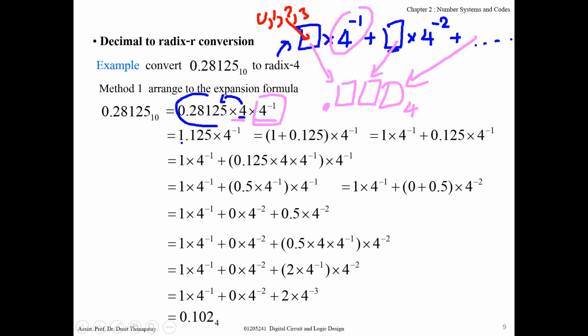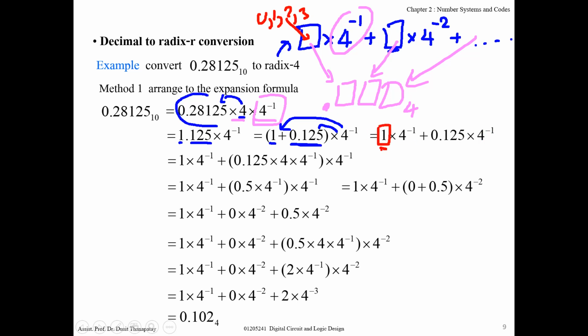Then it becomes 1.125. And I separate it into the integer part and some fraction. So it's 1 plus 0.125. And then I multiply out. Then it becomes 1 multiplied by 4 to the power of minus 1 plus this fraction multiplied by 4 to the power of minus 1. This one is okay, right?